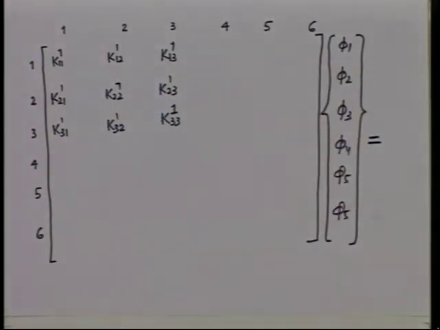First element has been written in the form of a 6 by 6 matrix with all the rest of the elements 0. So, this is the K matrix in expanded form.